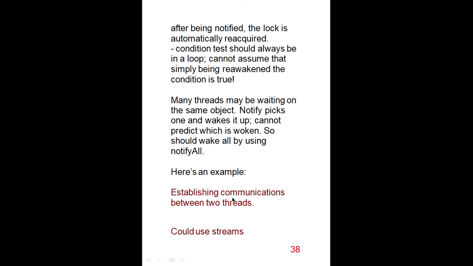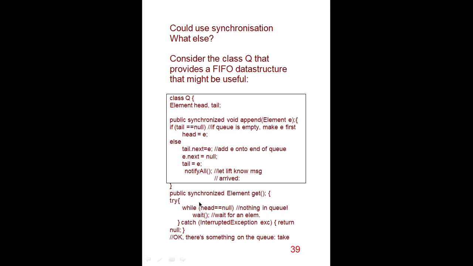So I'm not going to consider communications between two threads occurring, but what I'm interested in very much is the following chunk of code. What's happening here is that class Q represents a queue data structure, and I want to be able to do one of two things in mutual exclusion to anything on the queue.